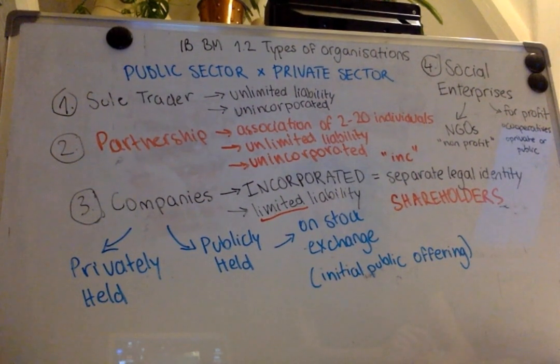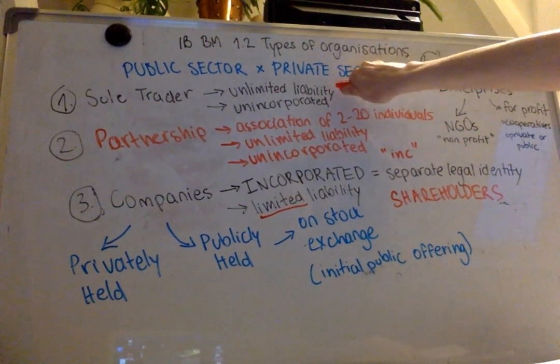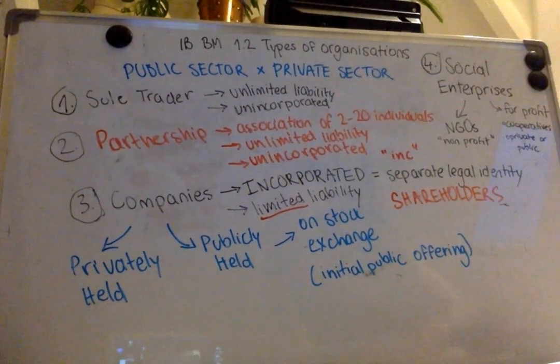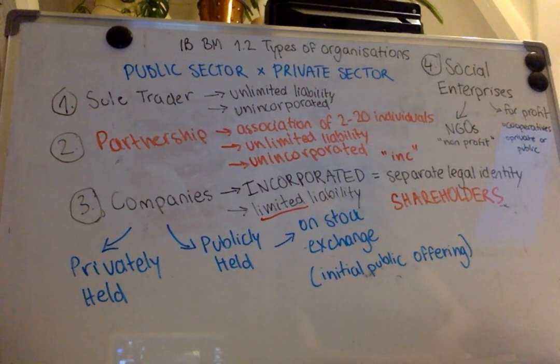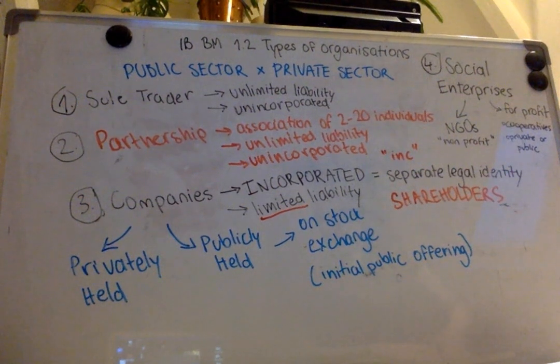And a sole trader is by definition unincorporated, and they have unlimited liability. What do these things mean? An incorporated business is a business that has a separate legal identity.